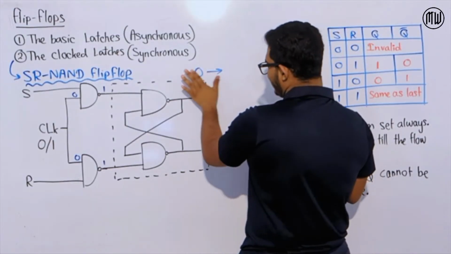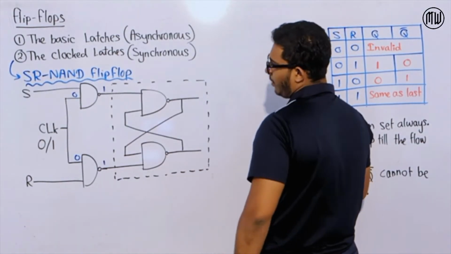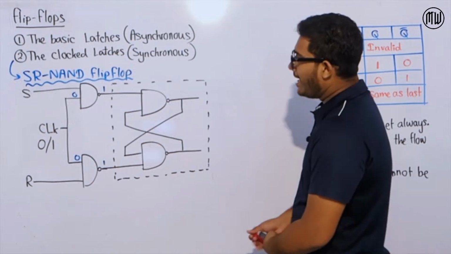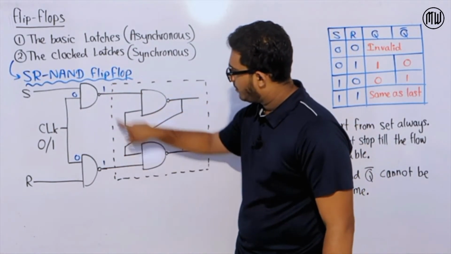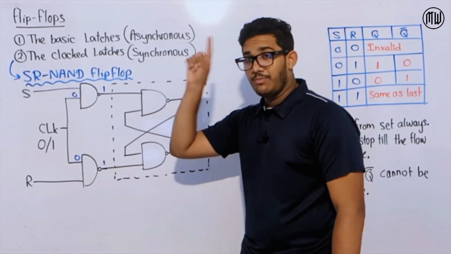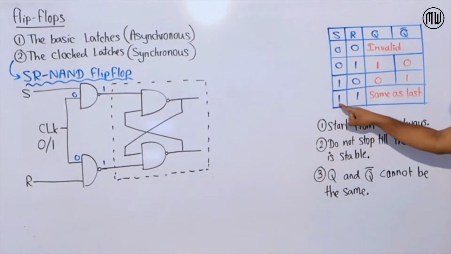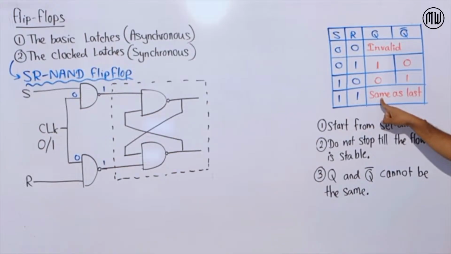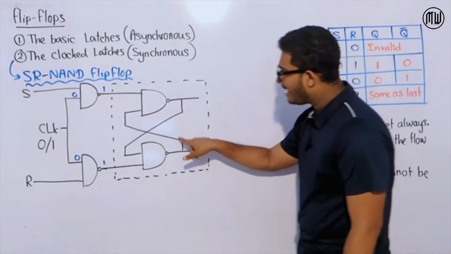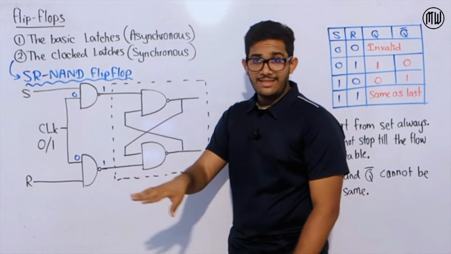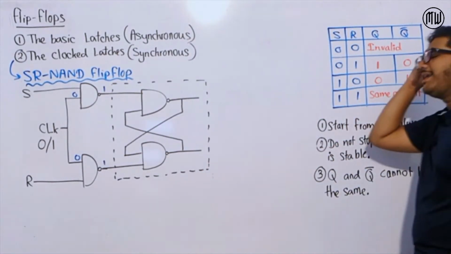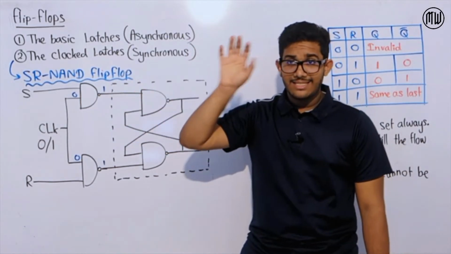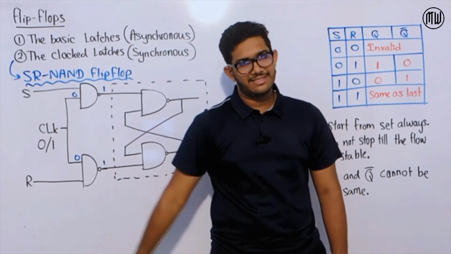This is the normal flip-flop or the normal latch. If both inputs are 1, we already know what happens. We don't need anything else. We already know if both inputs are 1, whatever happens, it's the same output as the last.